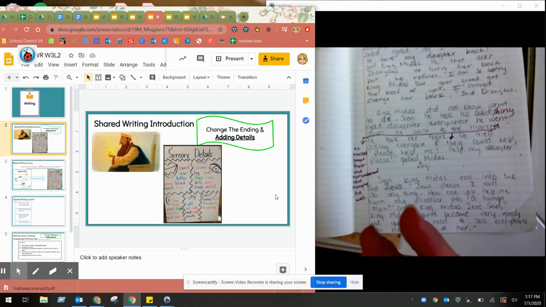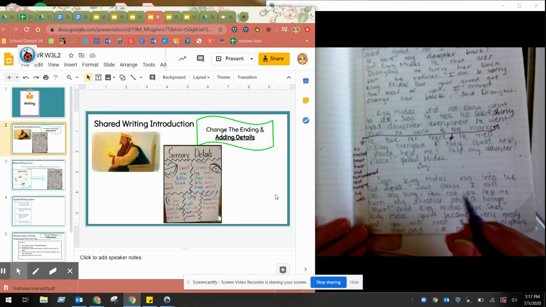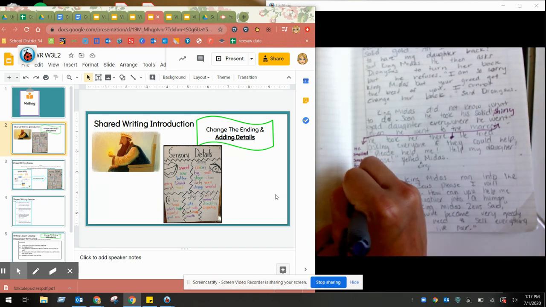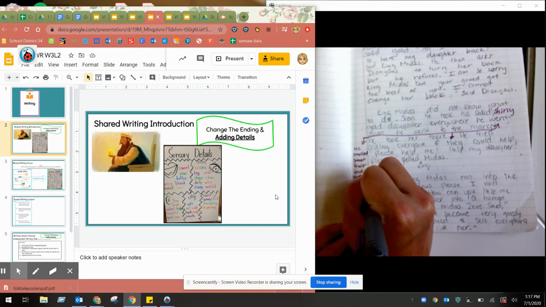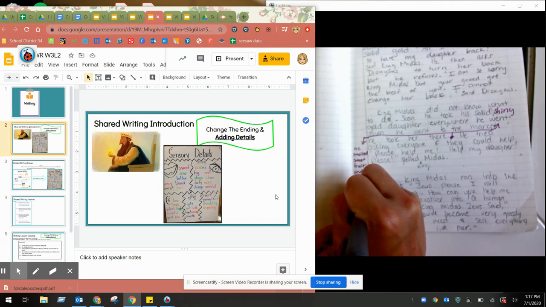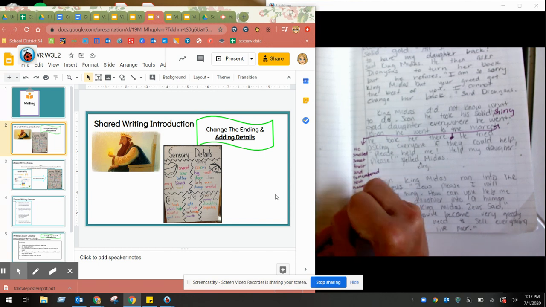And since he's remembering how hungry he was, maybe he also thought how maybe hard it was to bite into the gold. He thought about how hard the gold tasted.